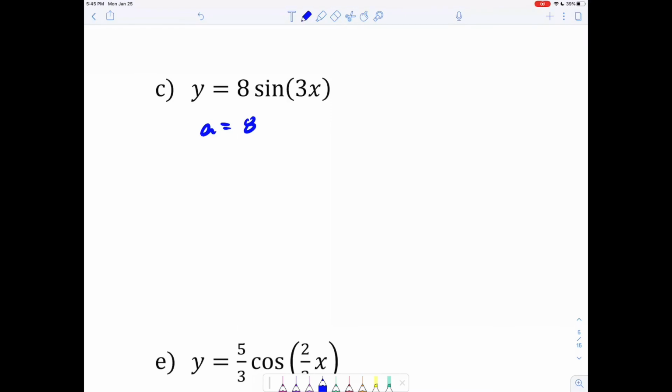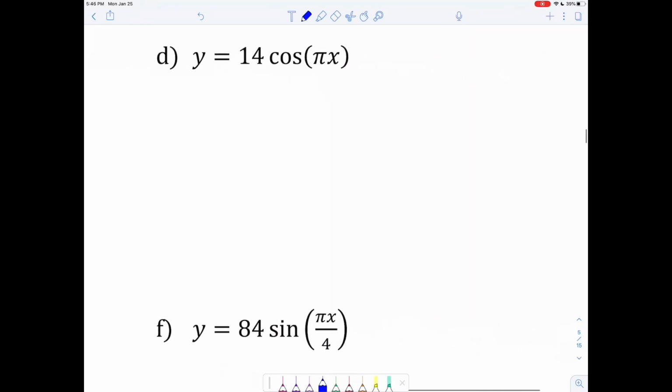The amplitude is 8. And the period is 2 pi over 3. That's as simplified as that gets. Your amplitude here is 14. Your period is 2 pi over pi, which is 2.